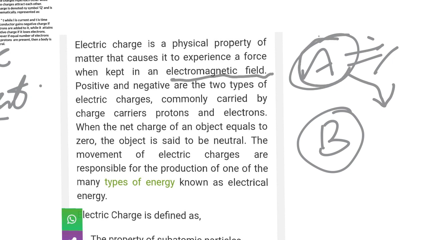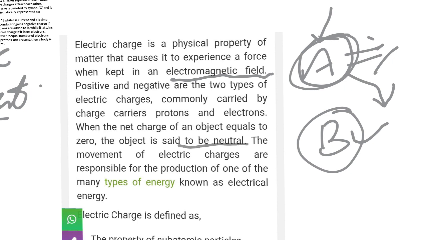If this body experiences a force of attraction or a force of repulsion, then this body has got charge. Suppose a body B, when we put this in an electromagnetic field, neither experiences a force of attraction nor a force of repulsion, we can simply say that the body B is a neutral body. It does not have any charge.